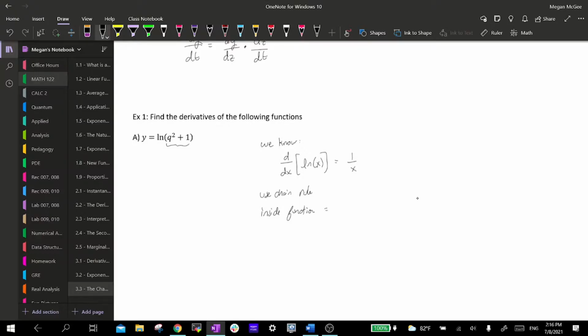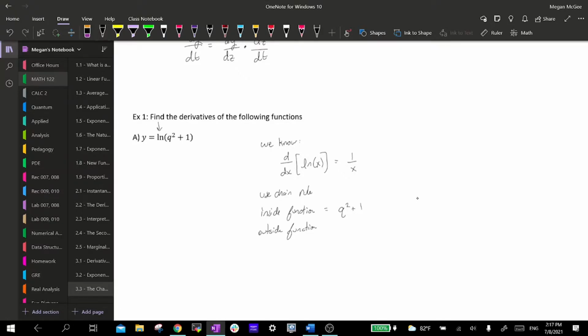Alright, so the inside function we've determined is q squared plus 1. All right, so then our outside function, well, what is the q squared plus 1 inside of? In this case, it's our natural log.